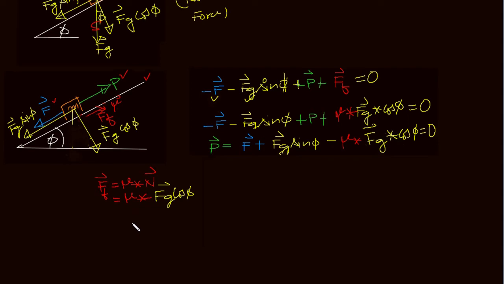All right, so I move P outside and we get this equation, which is P is force Fg sin phi minus mu multiplied with Fg cos phi, and now this is not 0.